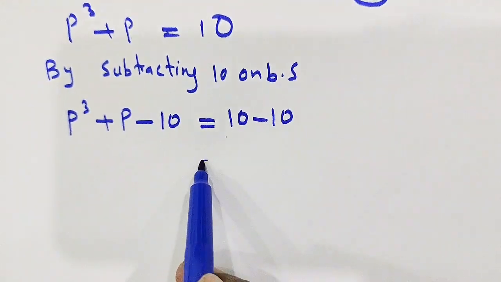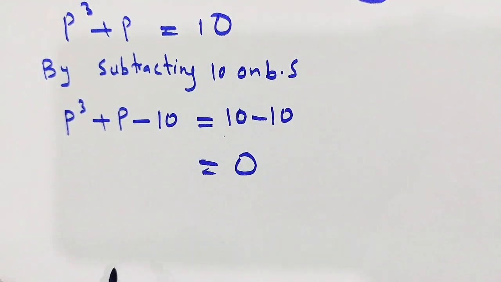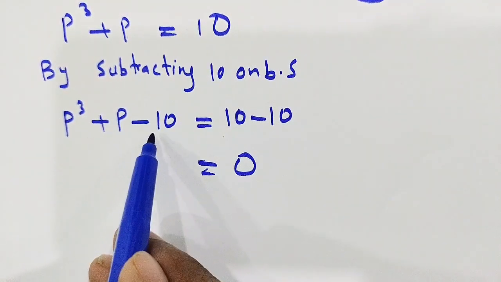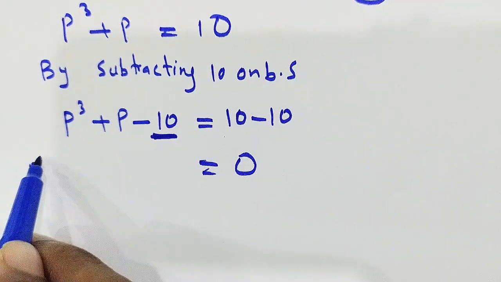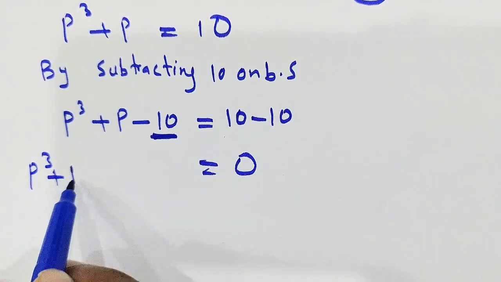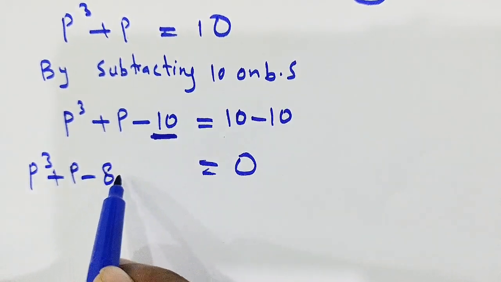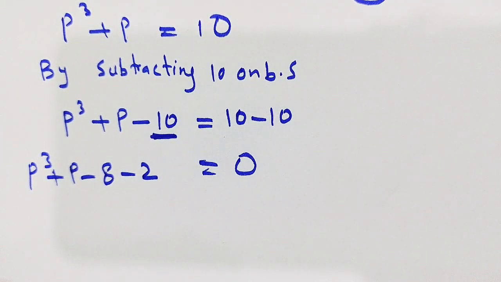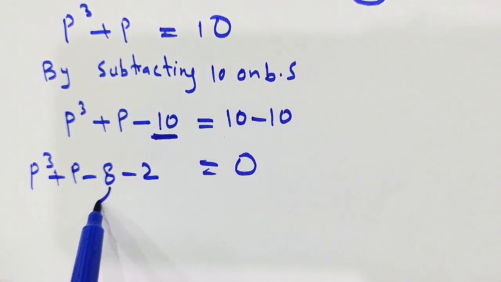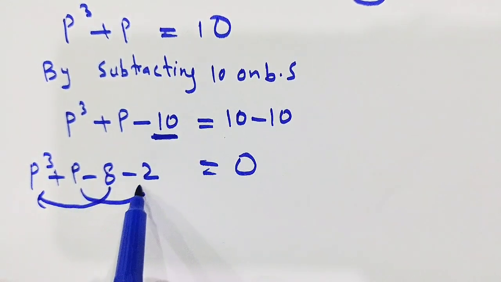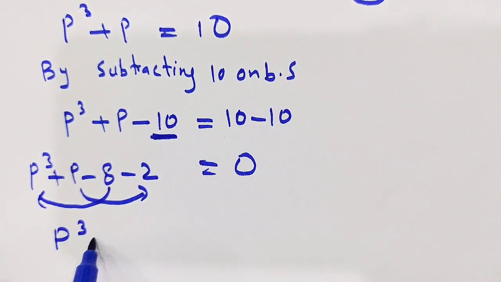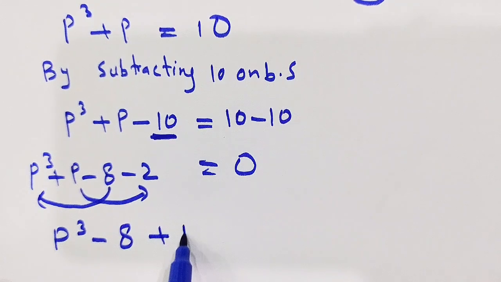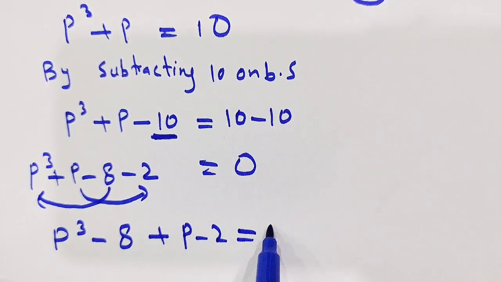On the right hand side we simply have 0, whereas on the left hand side I will break this minus 10 as minus 8 minus 2, because 10 can be broken as minus 8 minus 2. By putting 8 with p cube and 2 with p by rearrangement, I simply have p cube minus 8 plus p minus 2 is equal to 0.